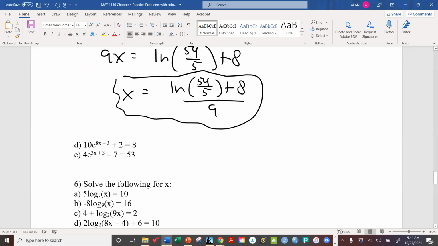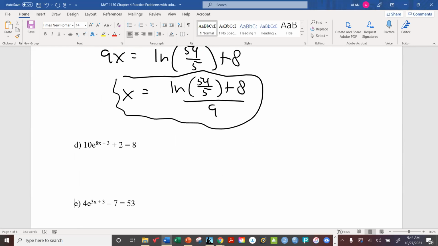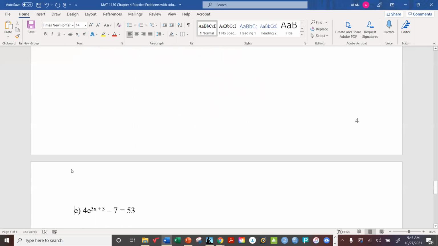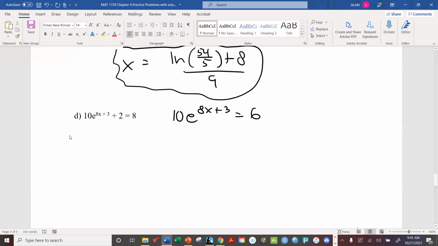All right, now let's do another one. Now, again, let's try to simplify it as much as we can. Let's start by subtracting this 2. And then we'll divide by the 10.